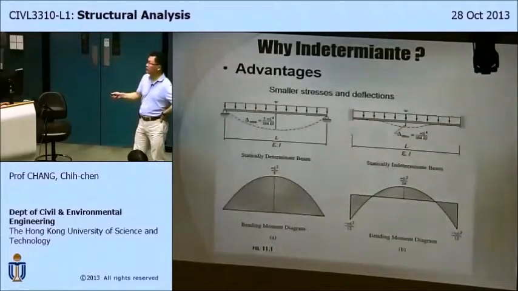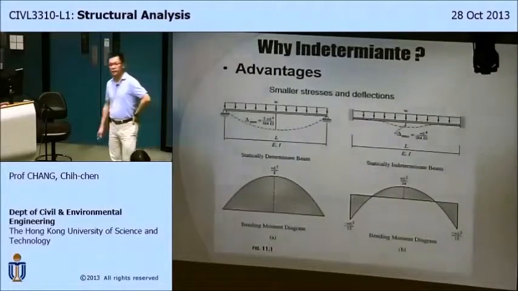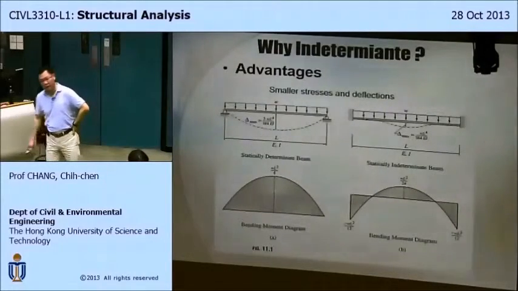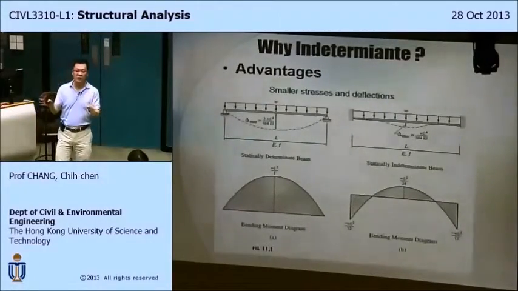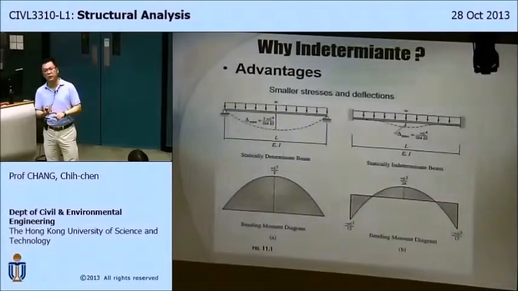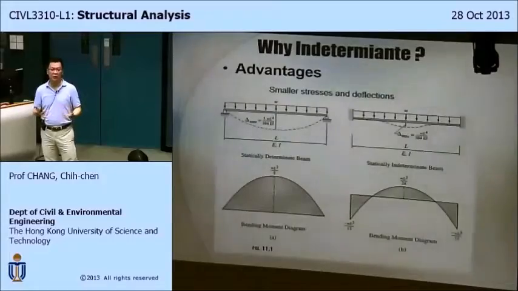Internal bending moment: this is 1/8 of WL squared, and this is 1/24 WL squared. So the bending stress will be smaller. So the indeterminate structure provides you with smaller deformations and smaller internal stresses, which are all positive.